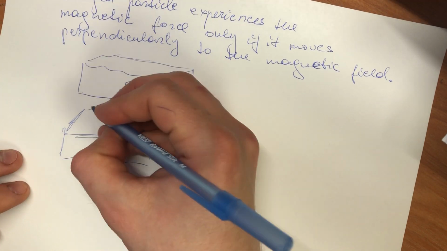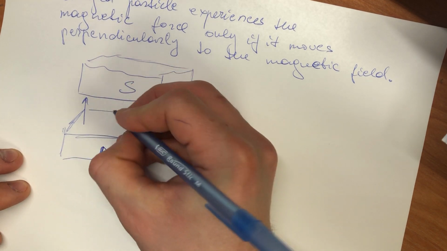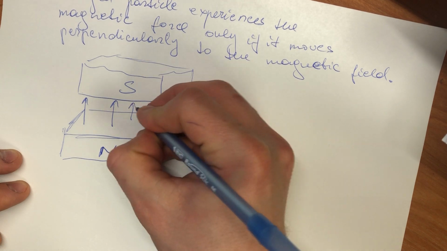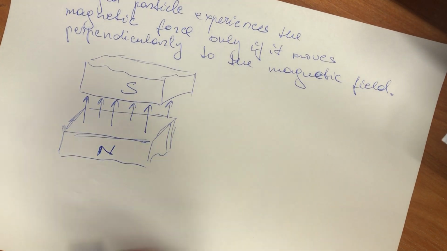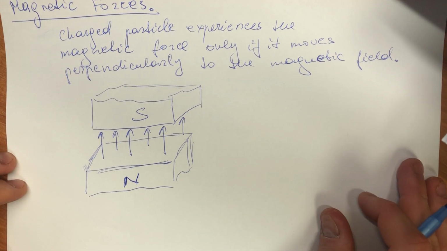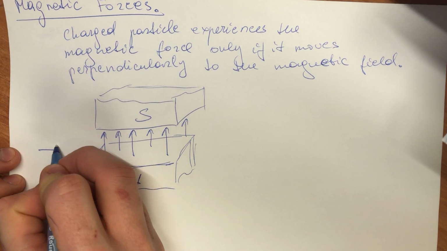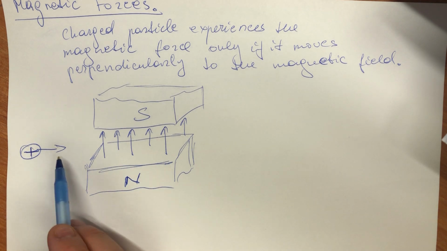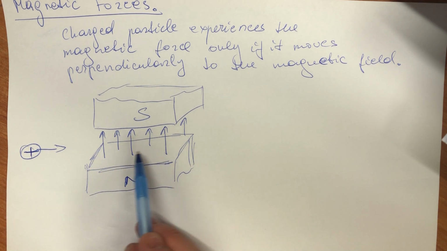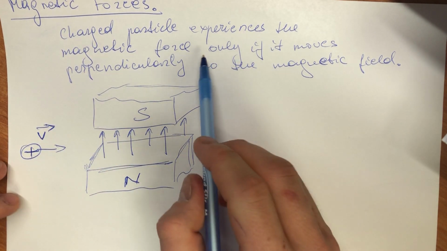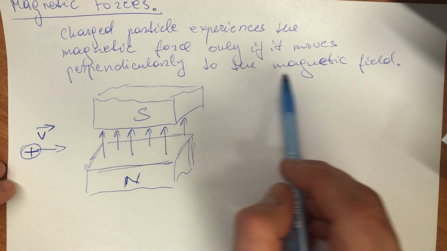So the magnetic field is going in this direction, from N to S, and we have a particle that is coming here. Imagine it is a positive particle. It's moving with the velocity v. So it experiences magnetic force only if it moves perpendicularly to the magnetic field.